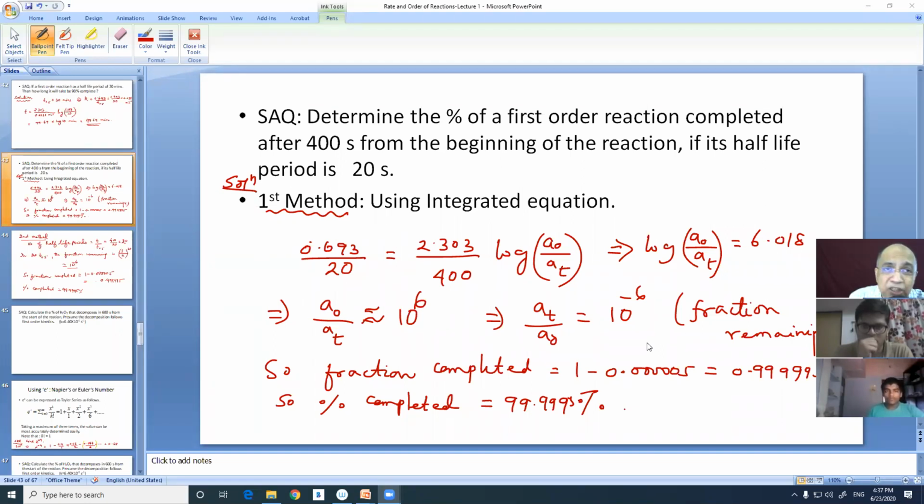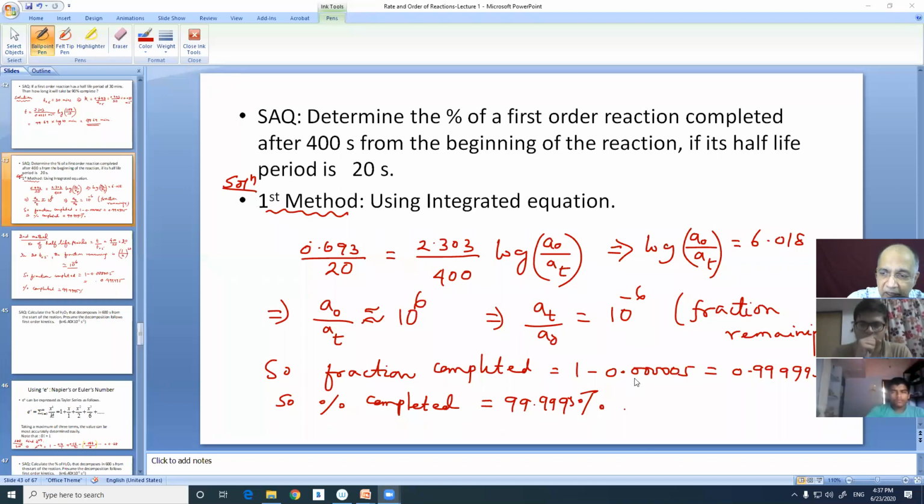Since the question is asking what fraction or what percentage has been completed, we can't say 100%. We have to say even 99.999 something. So 1 by 10 to the power 6 is this much. This value is approximately, why approximately?